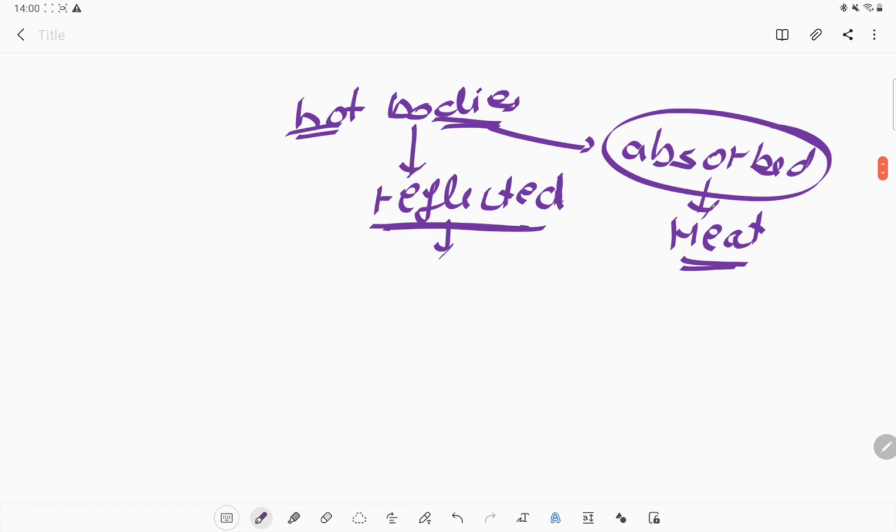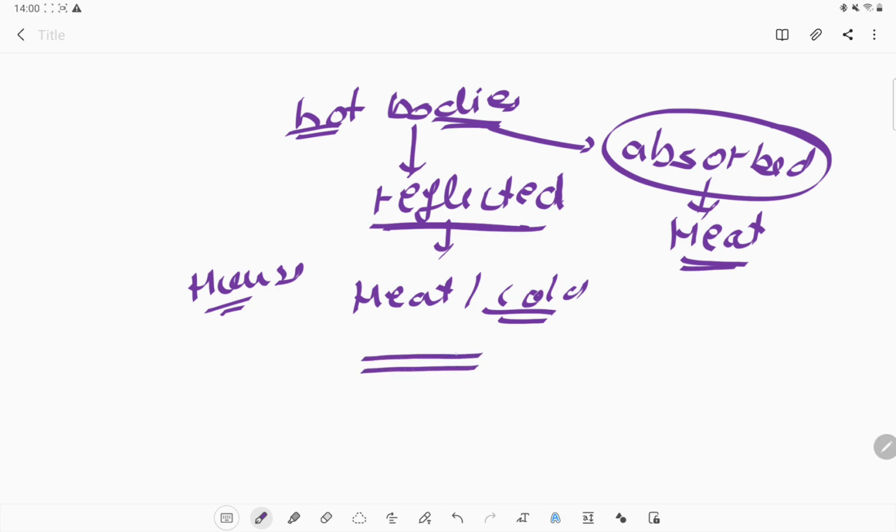Okay, so similarly when we construct a house which is not affected much by the heat or cold of the surroundings, we need to construct a building which has some layers: this is the outer layer and this is the inner layer of the house, and there is some space left between them.